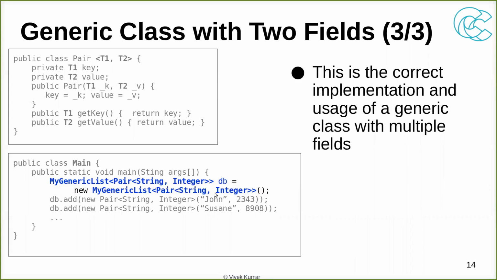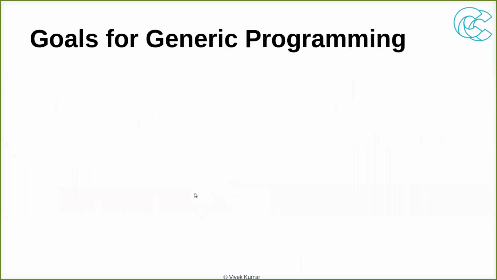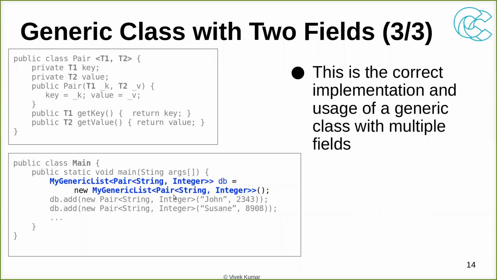So this is how you do it. You say that my generic list is of type Pair, which in turn is of type Pair String and Integer. Is this clear, or are there any questions?